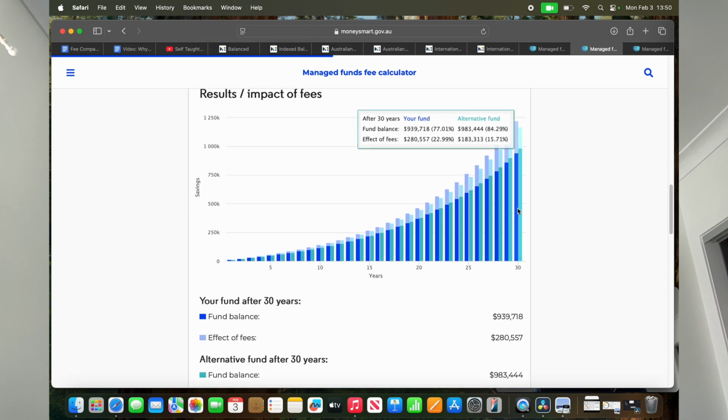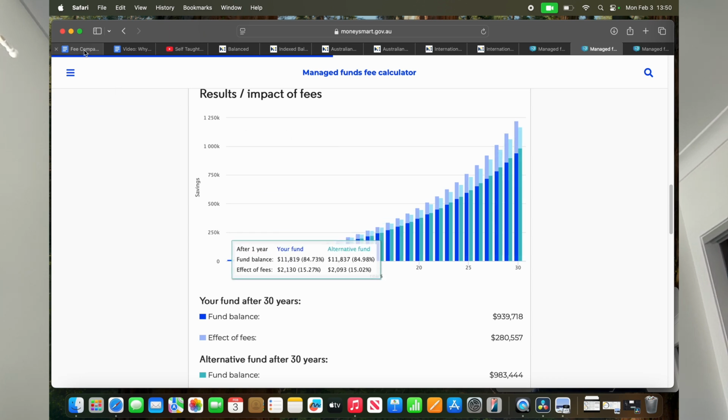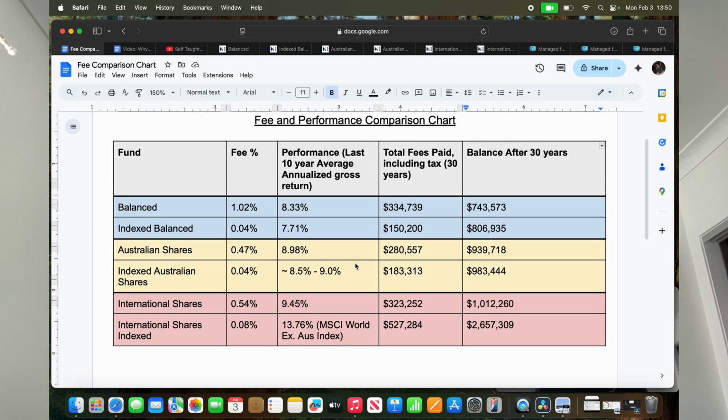Now, you're going to notice the makeup after 30 years. You're going to have about 77% in gains, and 22% you're going to be paying in fees. And then 84% is going to be in gains and about 15% in fees. And you can see the differences again between the two. We have 939,000 here and 983,000.